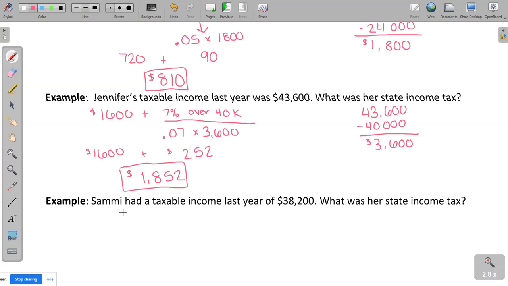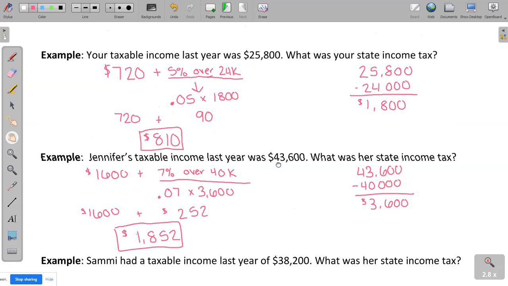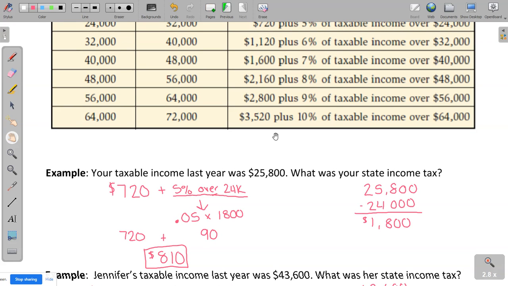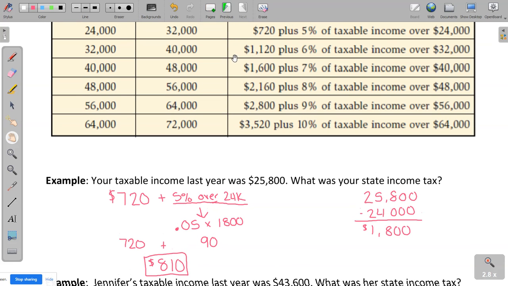I want you to pause the video, try the next problem, and then come back and check it. Okay, so we need to find the state income tax for a taxable income of $38,200. With the table, 38,200 would be here. $1,120 plus 6% over $32,000.